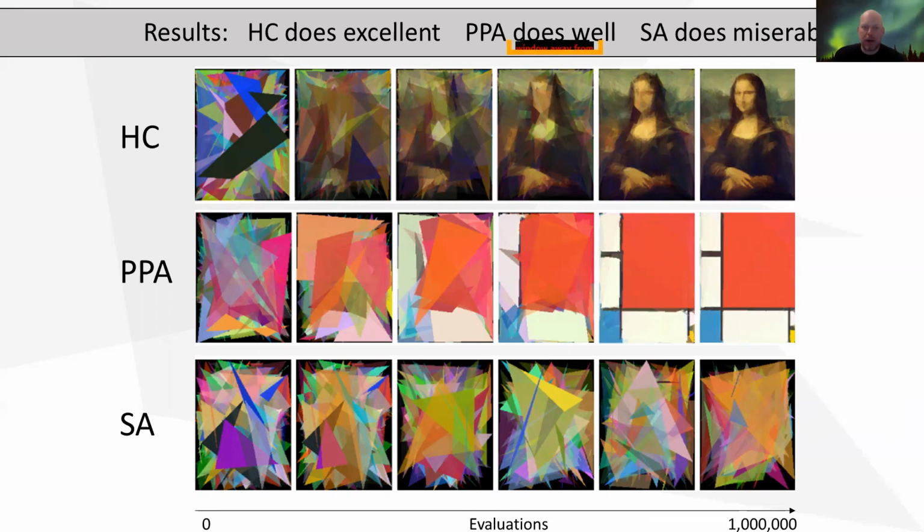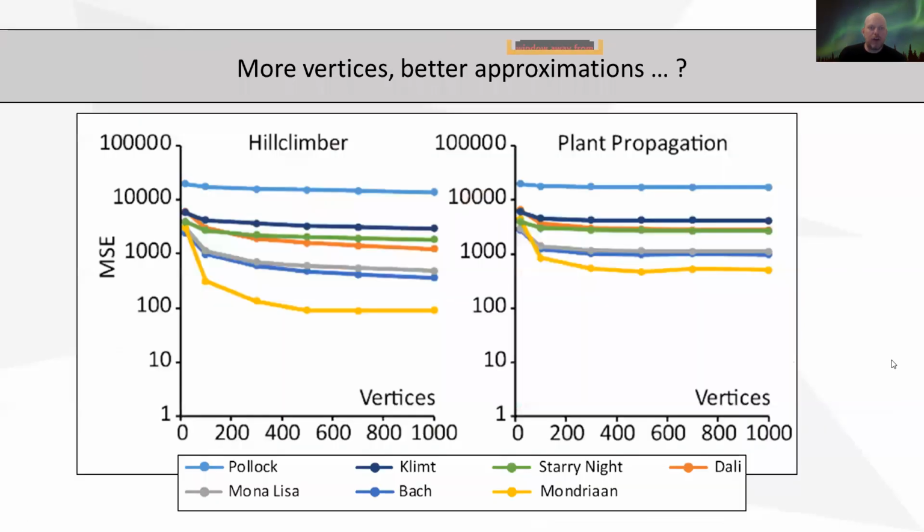I have a remark on that. And then we have plant propagation, and it performed worse than HillClimber, but it still performed fairly decent. But this was the ranking in quality of the approximation. And you can also see it here. The lower the MSE, the better the approximation.